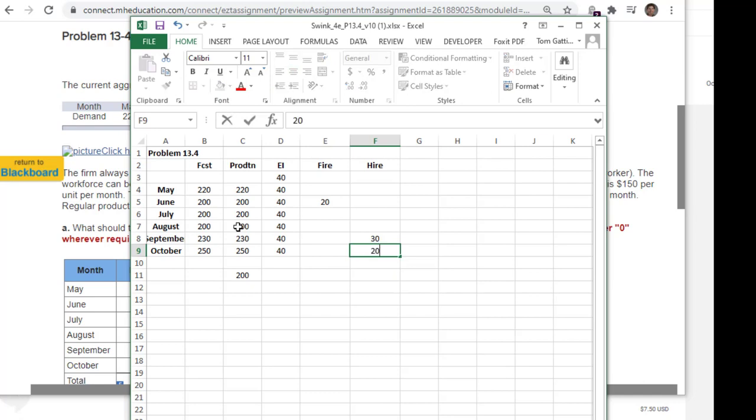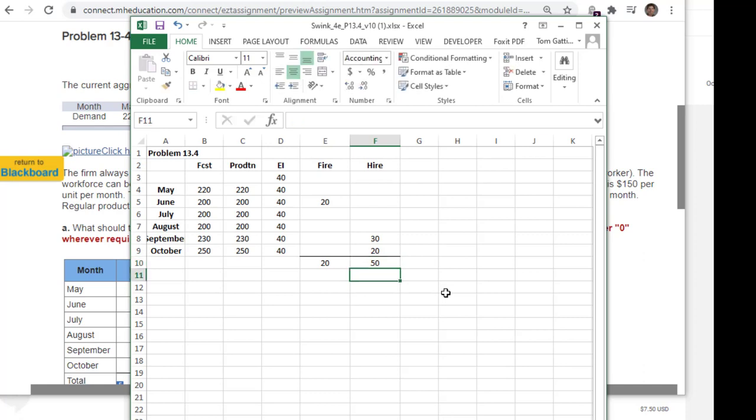If one worker could make 2 units, we would be hiring 10 workers. All right, so we can figure out the total number of people that we're going to hire and fire. We want to figure out what the cost of the plan is going to be.